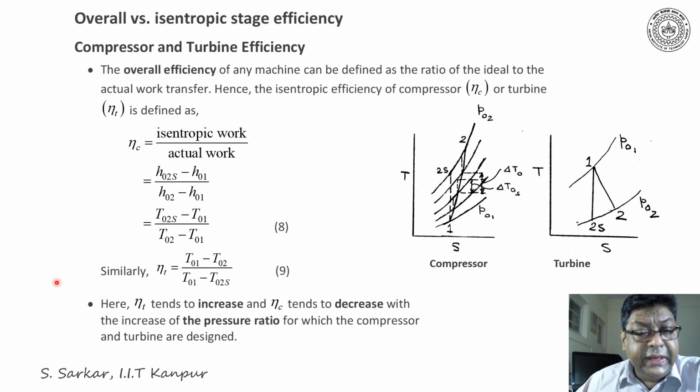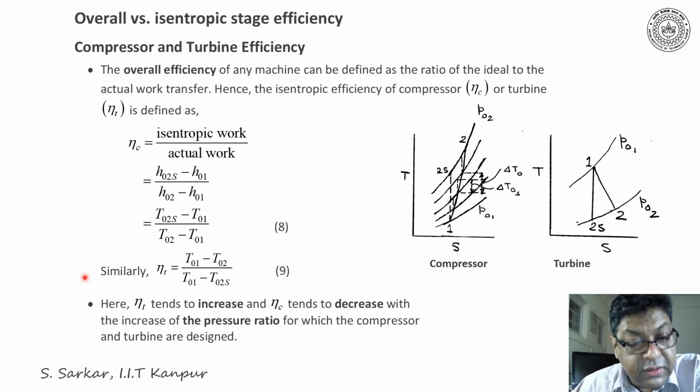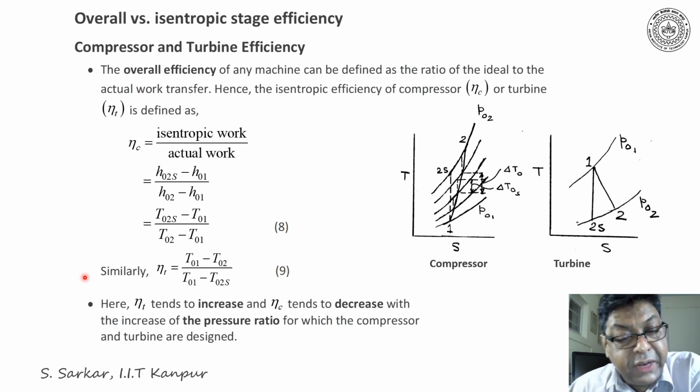Similarly, eta T can be expressed as actual work divided by isentropic work, so as a ratio of actual enthalpy drop to the isentropic enthalpy drop, and that can also be expressed in terms of temperature ratio. Thus, eta T is equal to T01 minus T02 divided by T01 minus T02s.